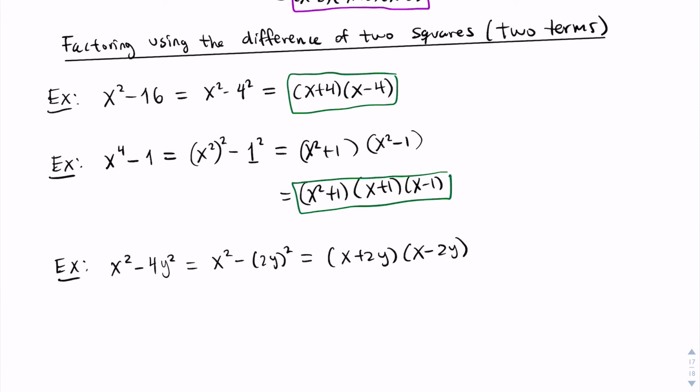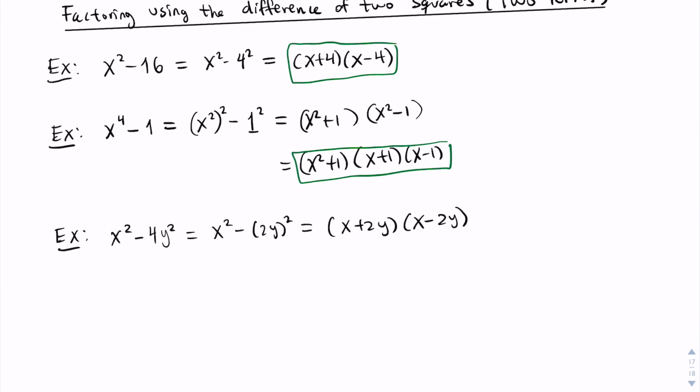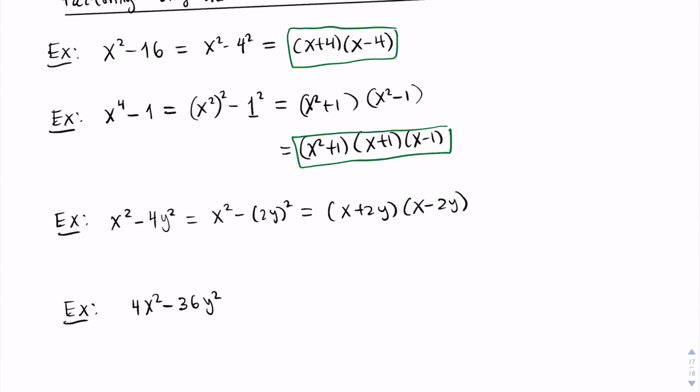And here's another example, and this is a tricky one, so hopefully you catch it. What would you do if you had 4x squared minus 36y squared?